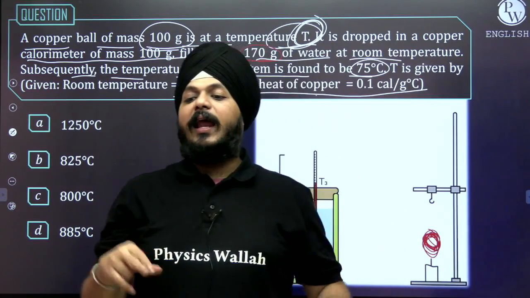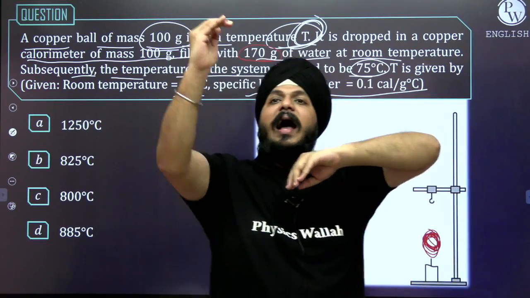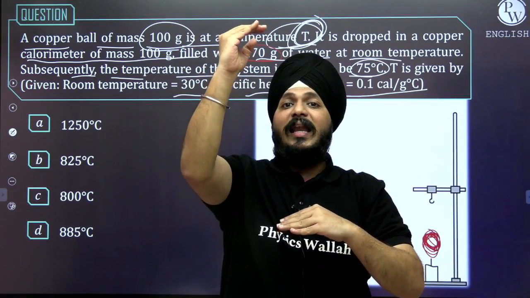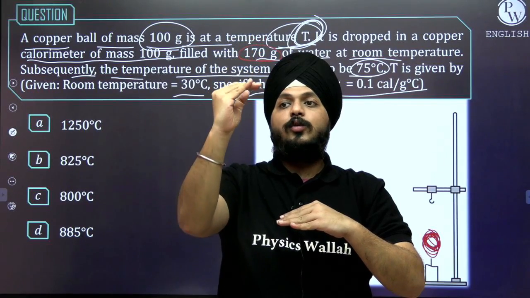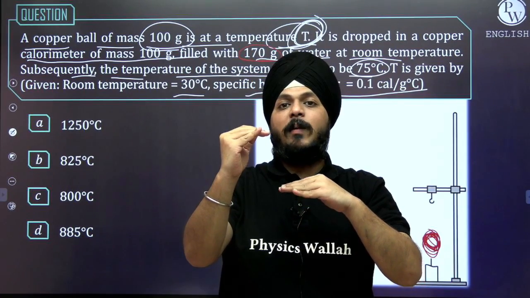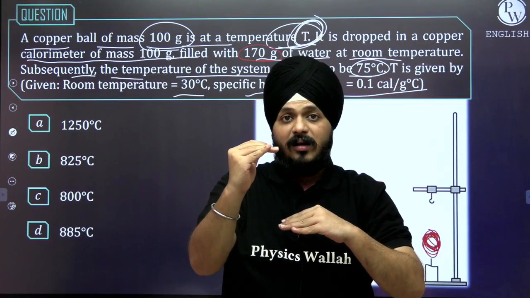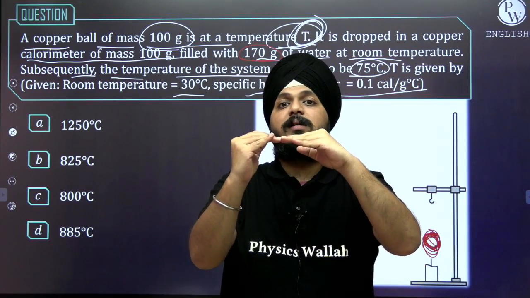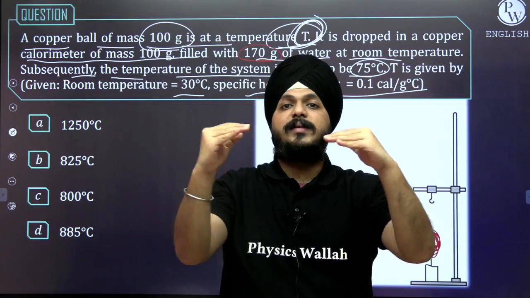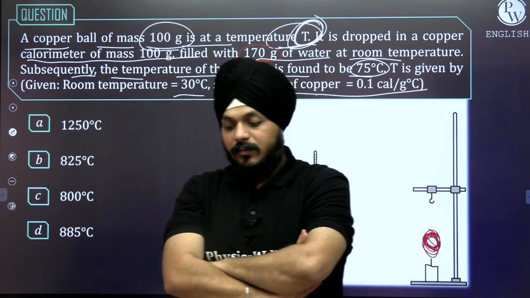Again, I am repeating and highlighting this statement in double quotes: the higher is releasing some amount of heat to reach equilibrium, and the lower is gaining the same amount of heat released by the higher, reaching the same final temperature. Finally, when thermal equilibrium is attained, there is no heat exchange between either of the objects.